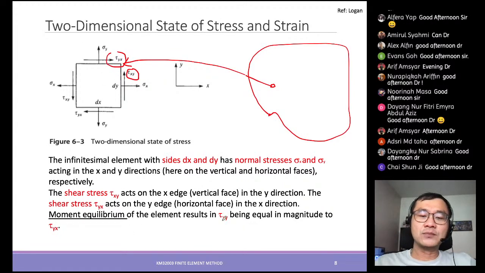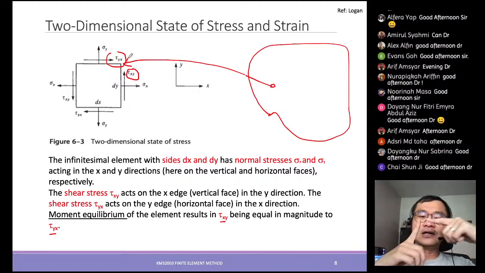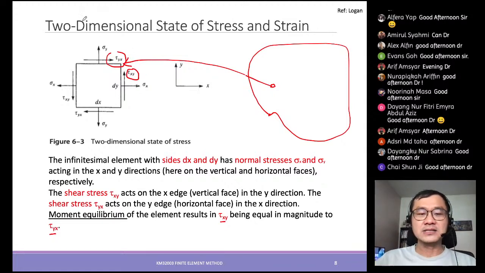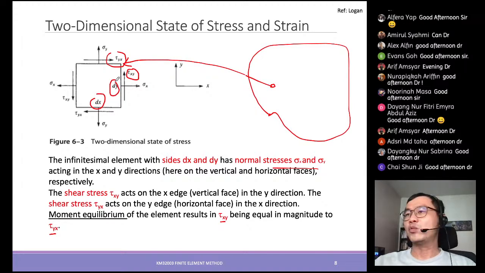So the shear values must be equal, whereas in x and y there is a normal stress acting, sigma x and sigma y, on the element of very small lengths dx and dy.